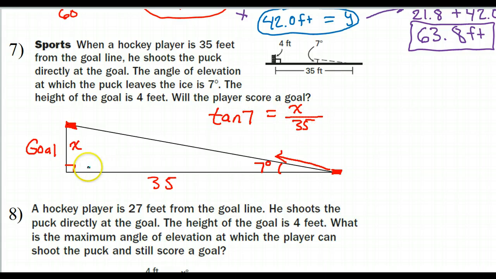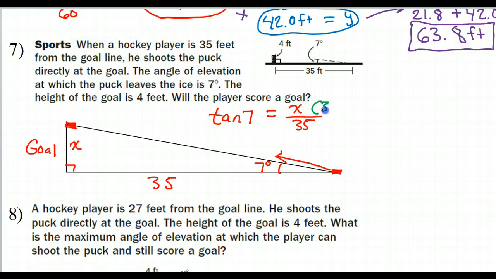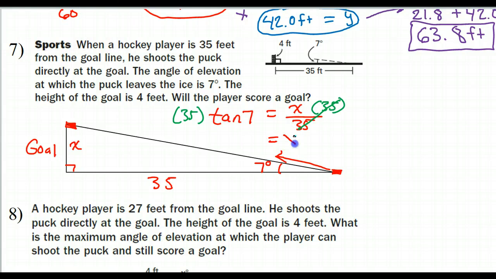I'll solve this, and that will tell me how high the puck will be. So multiply by 35 on both sides, so that these cancel out. X equals 35 tangent 7. Put that in your calculator, and that is 4.3 feet.